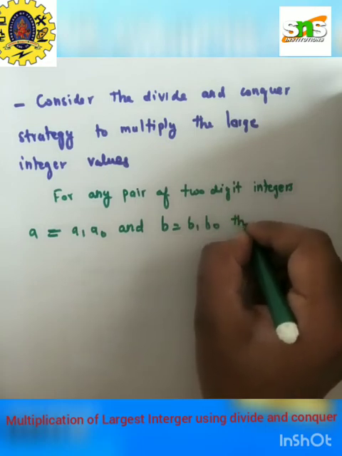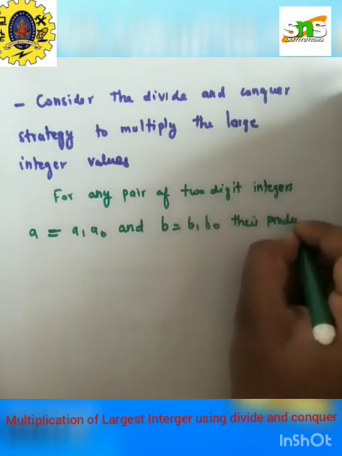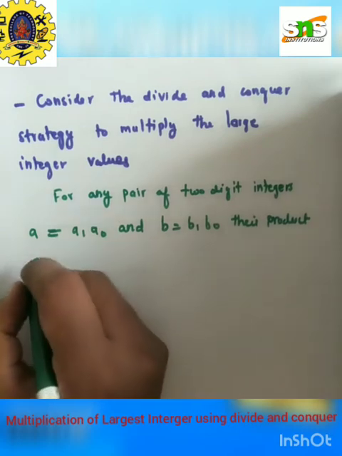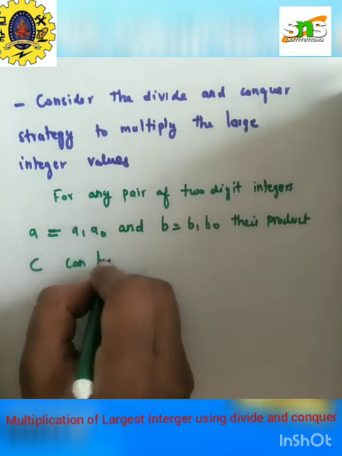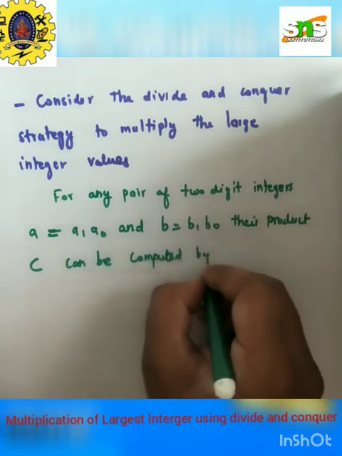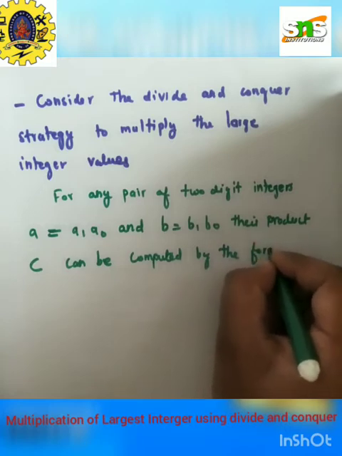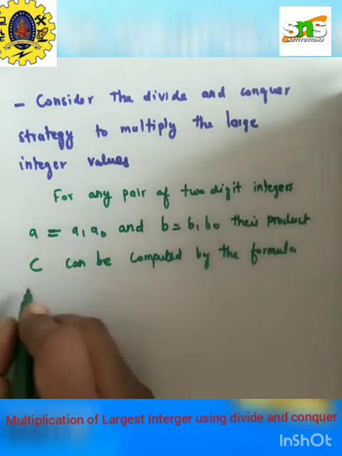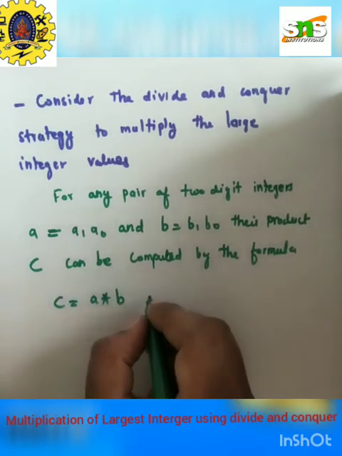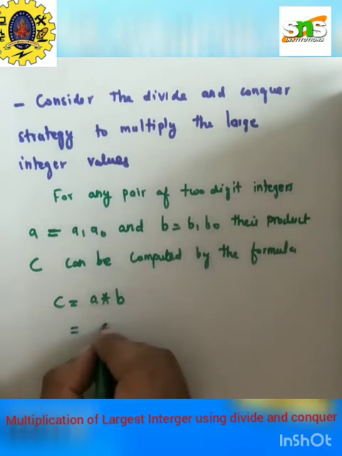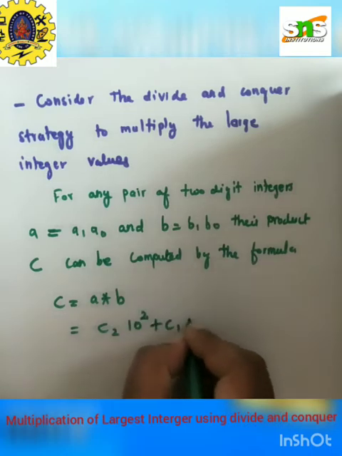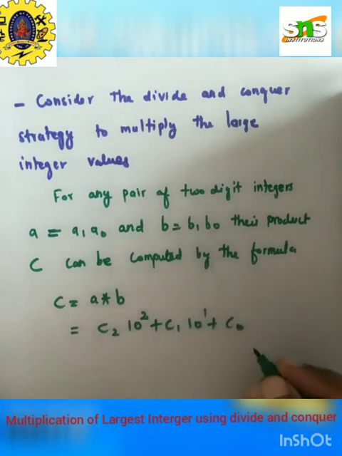So for their product C, you multiply A and B and store the result in C. The C can be computed by the formula C equal to A star B, which will be written as C2 into 10 power 2 plus C1 into 10 power 1 plus C0. This will be written like this.